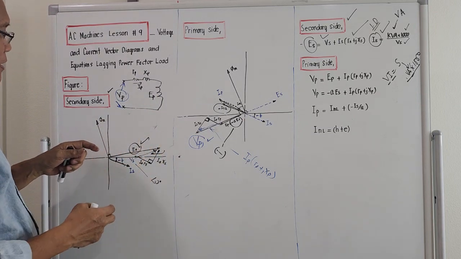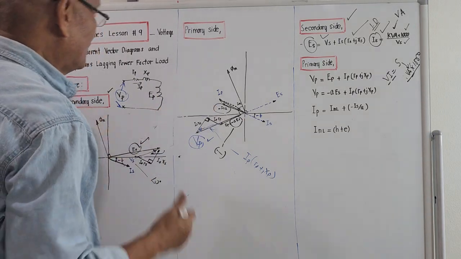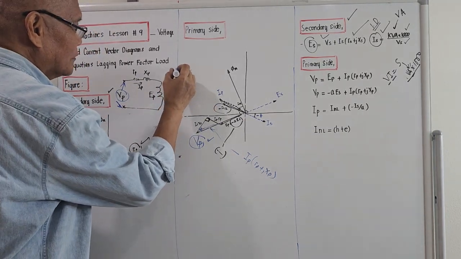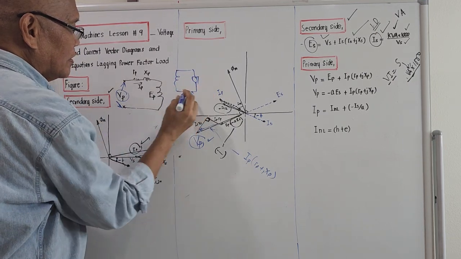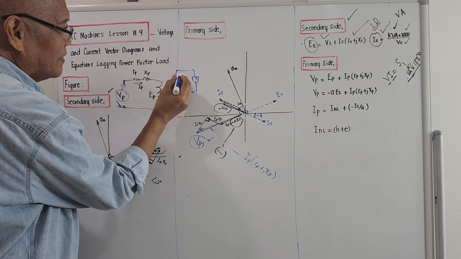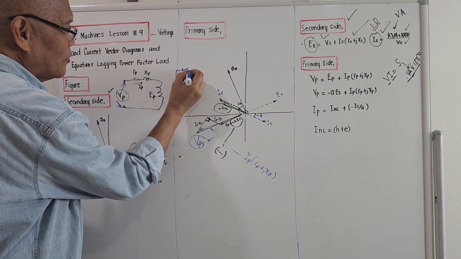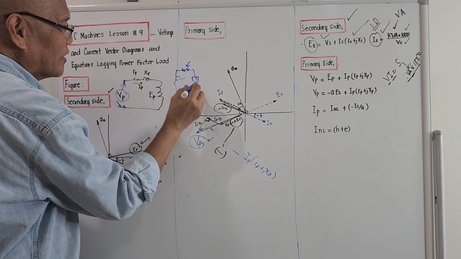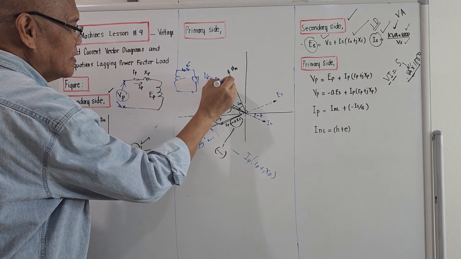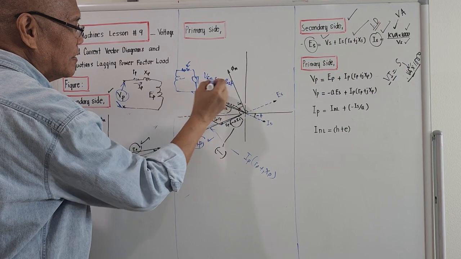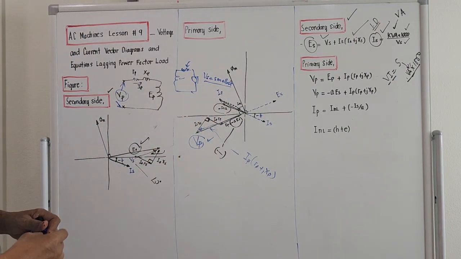So on the secondary, this becomes smaller, and there is a drop again over here. So V sub S is actually the smallest. You got what I mean?